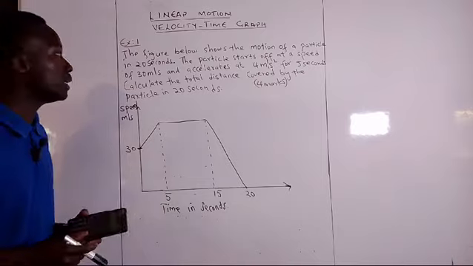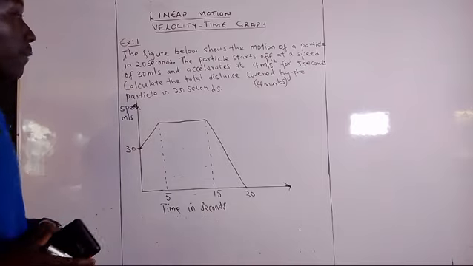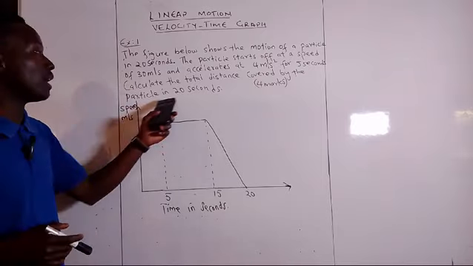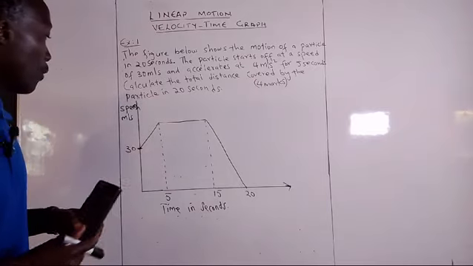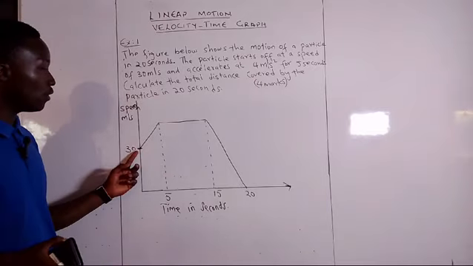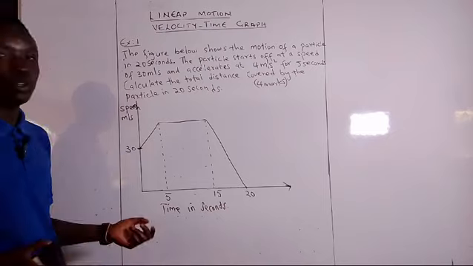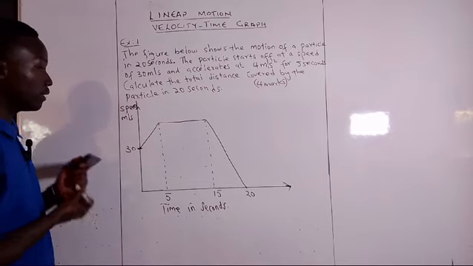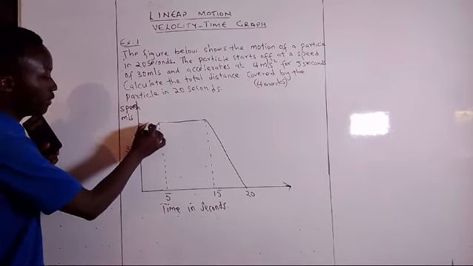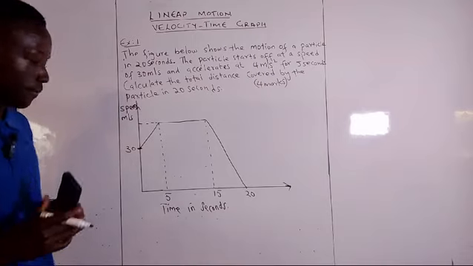So for us to calculate the total distance covered by our particle for the first 20 seconds, we have been given the initial velocity, but we have not been given the final velocity.